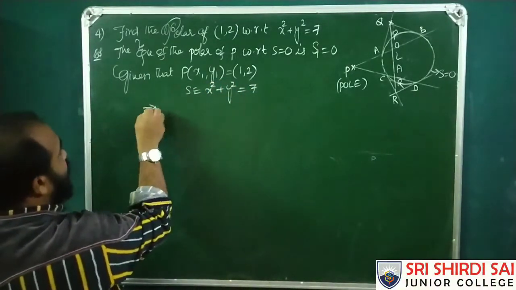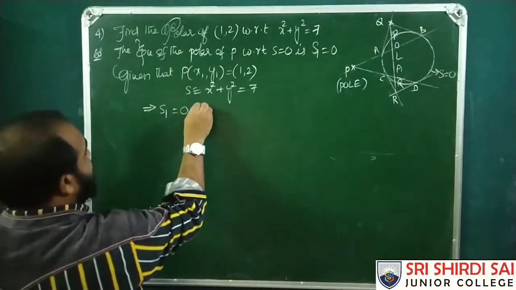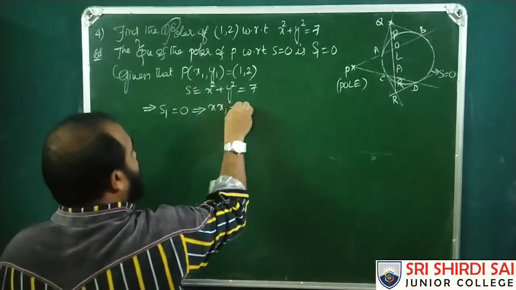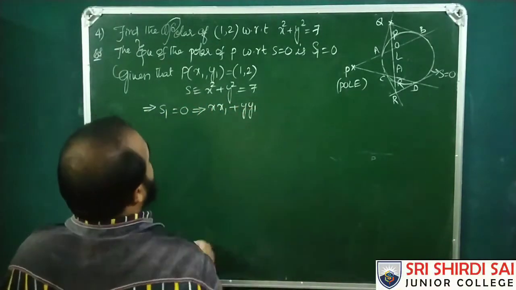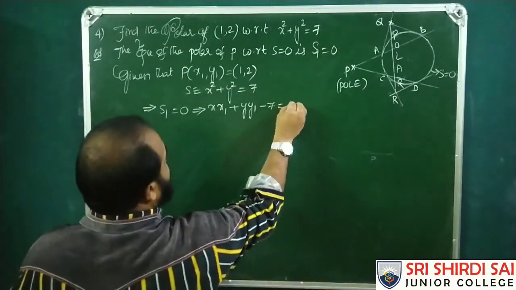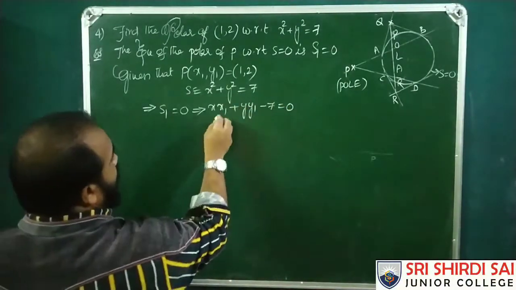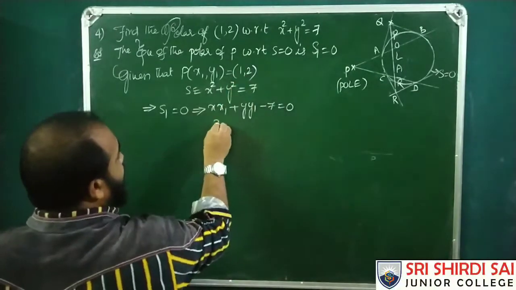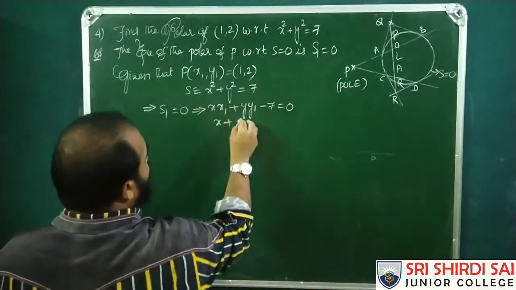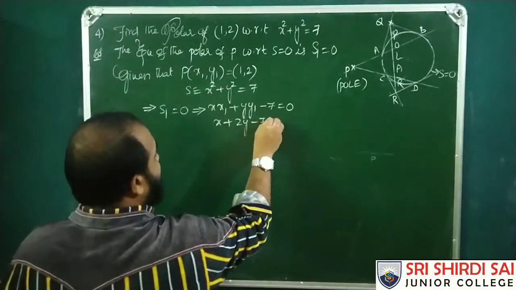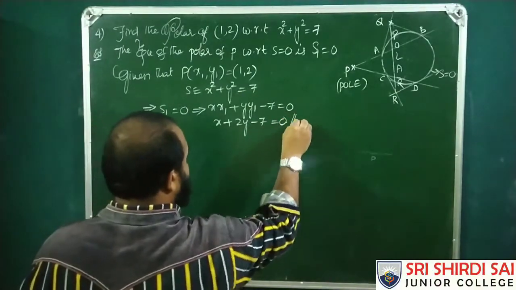So S1 equals 0 implies x x1 plus y y1 minus 7 equals 0. So x into 1, x, plus y into 2, 2y, minus 7 equals 0.